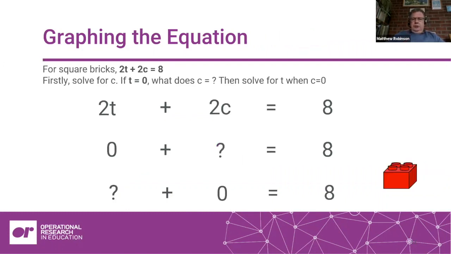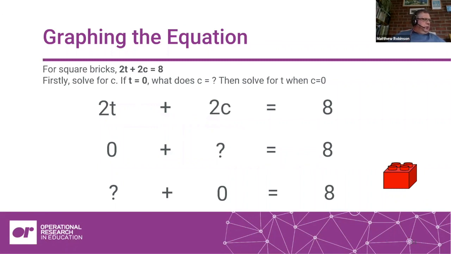And we're obviously going to do the same for the square bricks, so the red bricks on here. And remember that what we said on here, that the 2 times the number of tables plus 2 times the number of chairs has got to be less than or equal to 8. So what we're doing is we're going to make it equal at the moment to work out what the extremes of these could be.